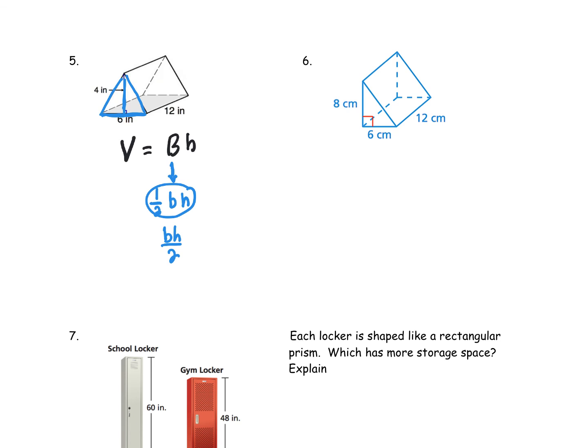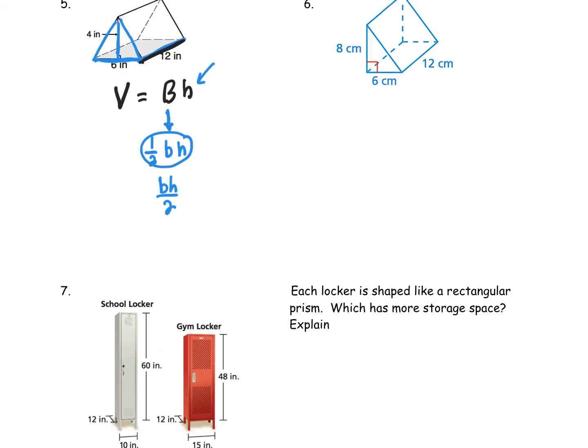And then this is kind of tricky here, the height, because this is not coming off the ground because of the orientation, the way it's sitting. I really need then the length, which in this case is this part. So let's put that all together. So we're going to show V for volume, and we're going to replace the little b with 6, and we're going to place the little h, the height of the triangle.